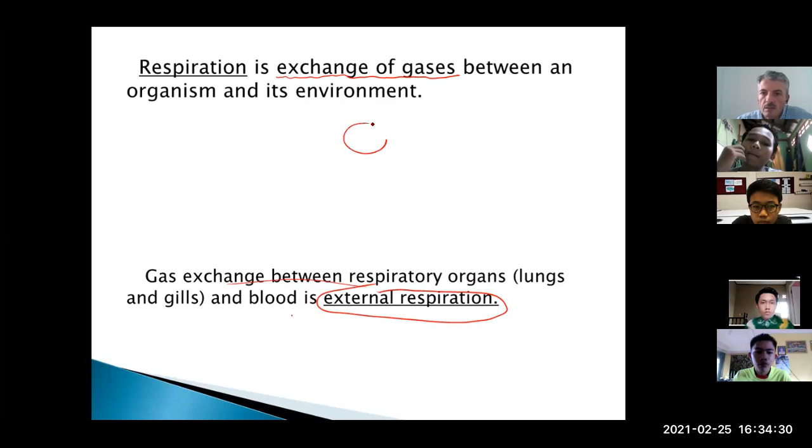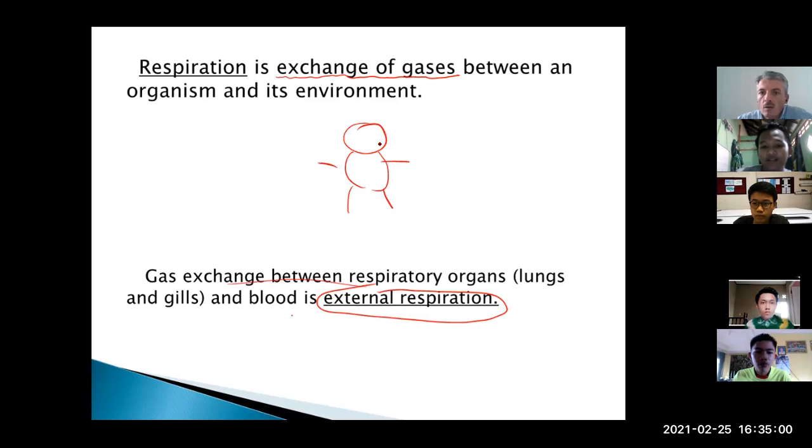Like, let's say this is our body. Oxygen entering, CO2 going out.